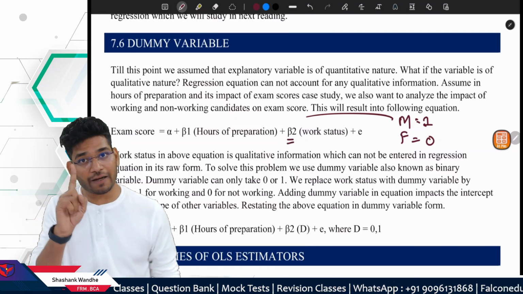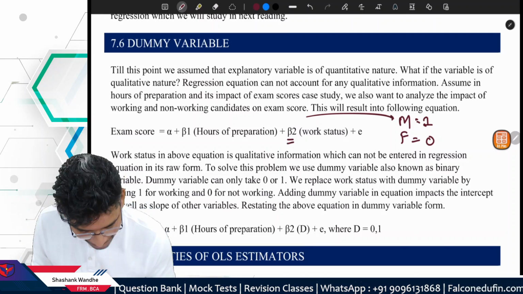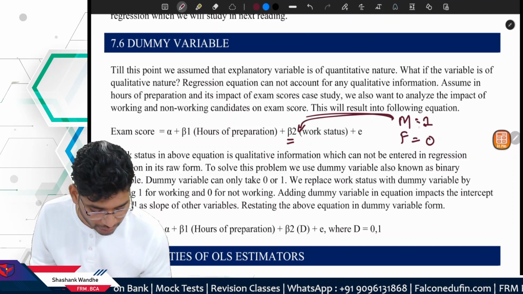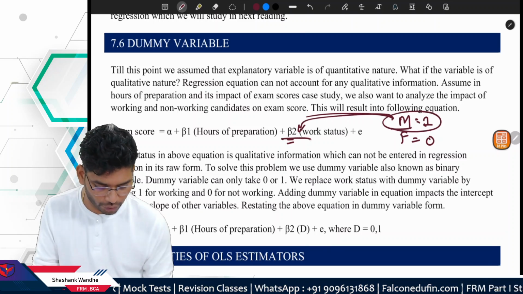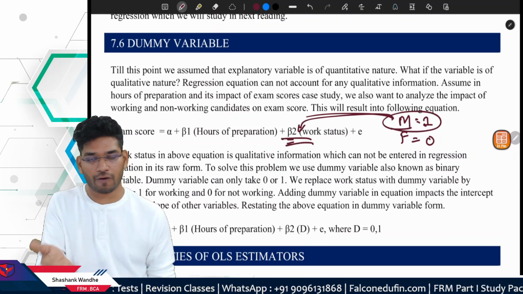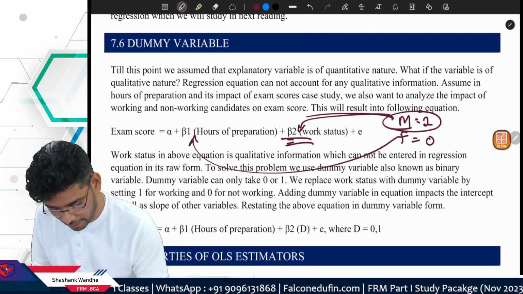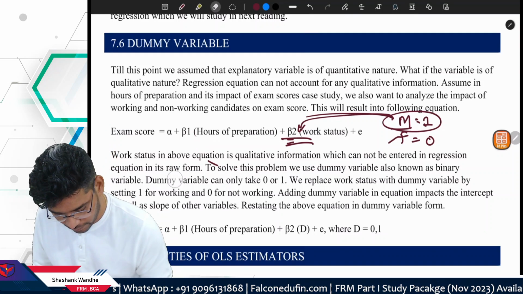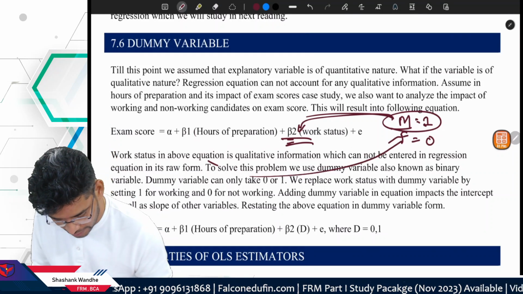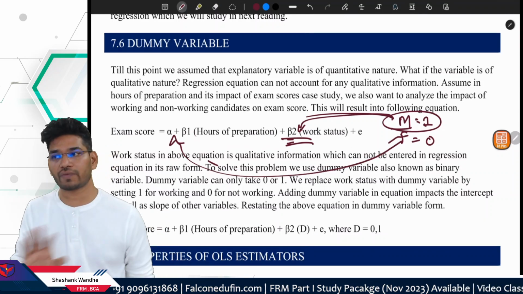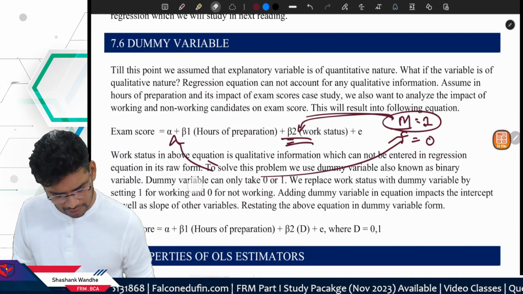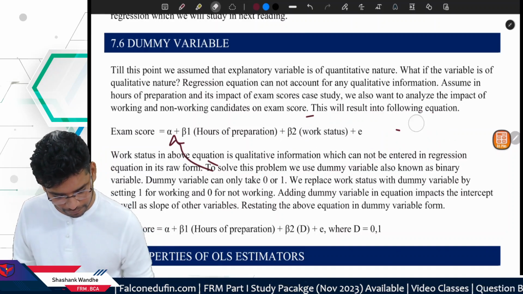So only one dummy variable is used for two categories. If you assume this as the dummy variable for male, then the female's part is captured by the intercept. This is very important, and if you know this, it is more than enough for examination.